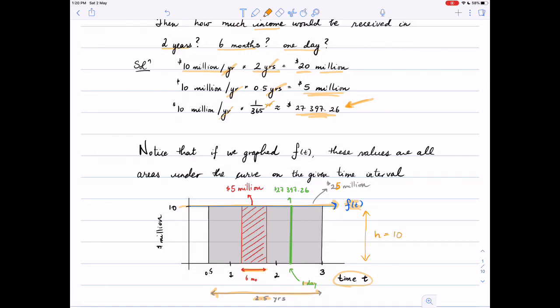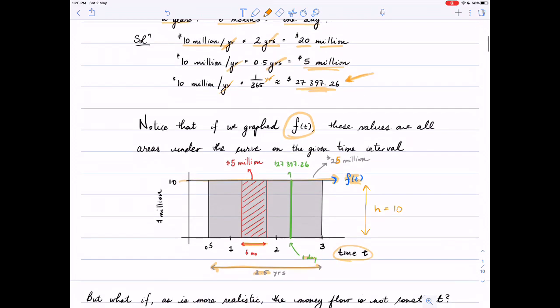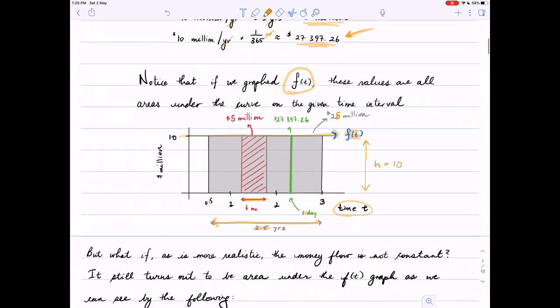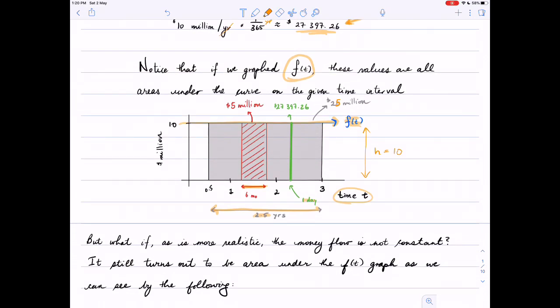So you are looking at base times height, so you're looking at area under this constant curve. And if we let f of t change, if we let the rate of income change, it turns out that it still is area under the curve.